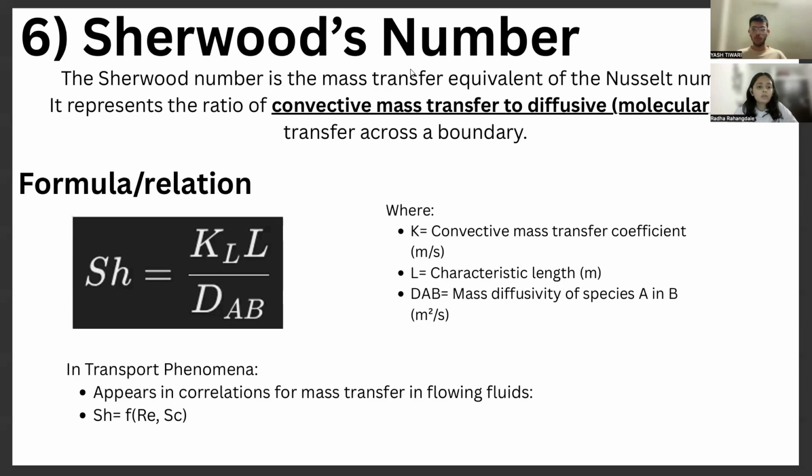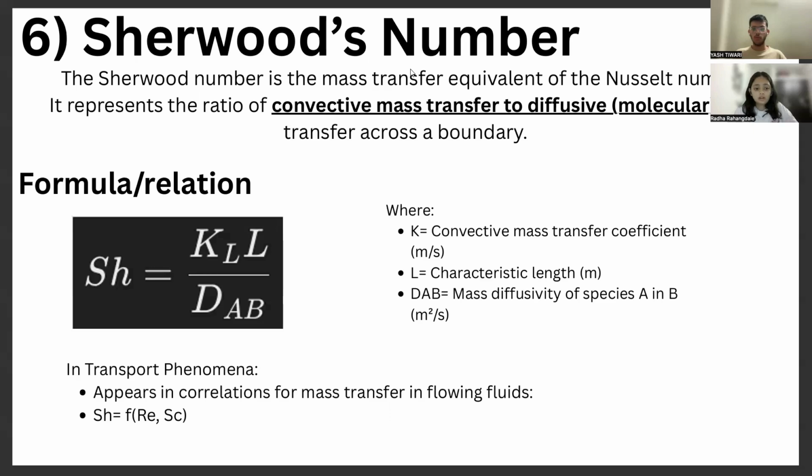The formula of Sherwood number is k_L into L by D_AB. k_L is the convective mass transfer coefficient, L is the characteristic length, and D_AB is the mass diffusivity of species A in species B. And transport phenomena appear in correlations for mass transfer in the following fluids.